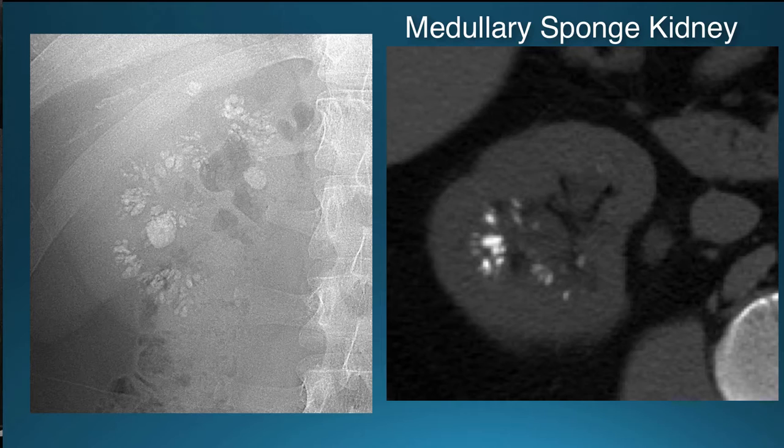And in this case, there are multiple stones within the medullary pyramids, creating that linear configuration that is essentially a nice cast representing those abnormally dilated collecting ducts. As in most cases of medullary nephrocalcinosis, some of these calcifications then spread into the collecting system, creating nephrolithiasis.